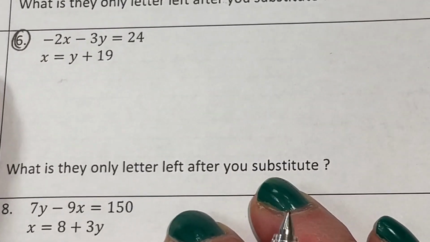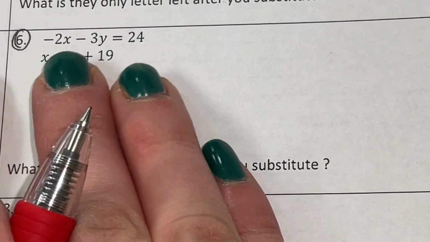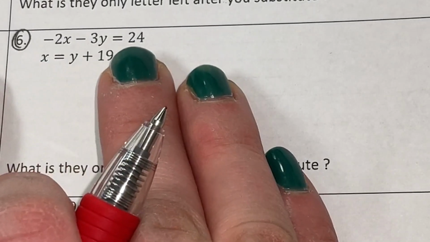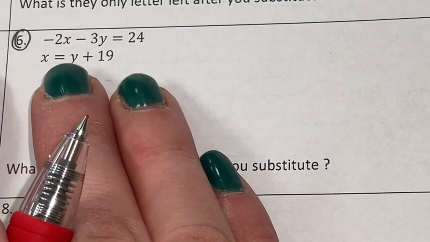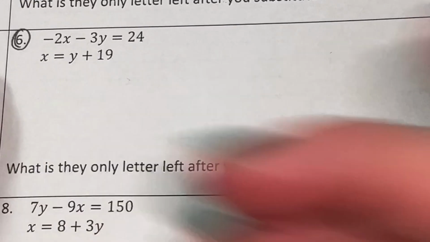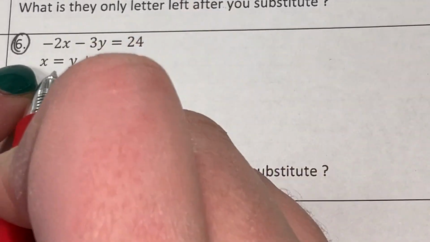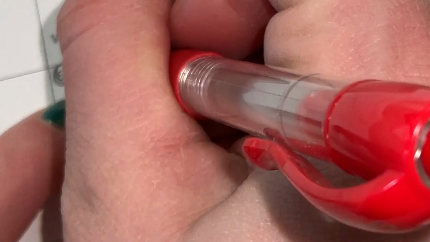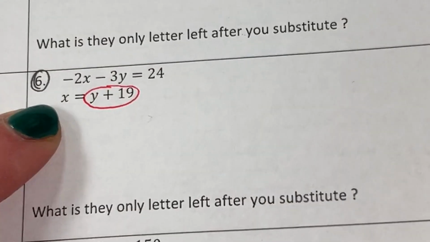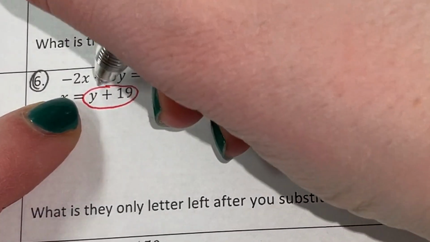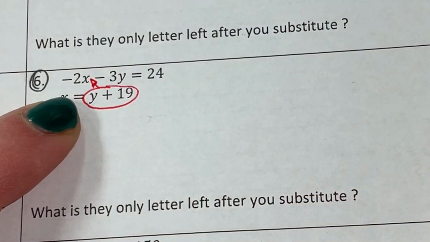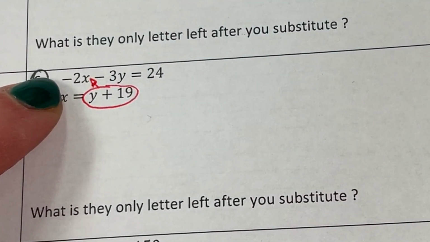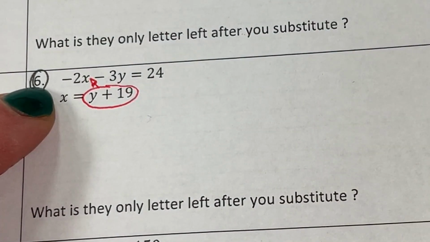Looking at number 6 here, we have negative 2x minus 3y equals 24, and then we have x equals y plus 19. So this time, the x equals stuff is on the bottom, so let me circle that here. And we are going to replace the other x with that stuff. So we're going to rewrite this first equation.